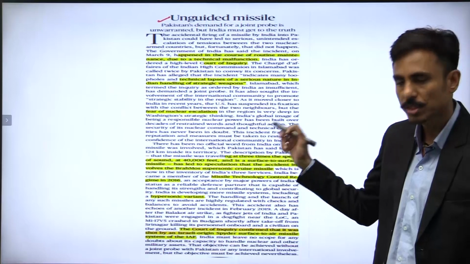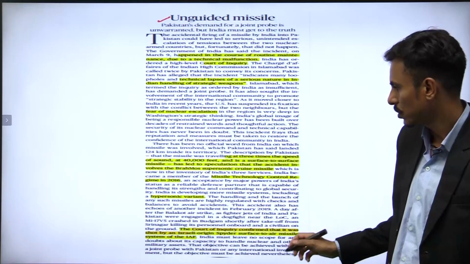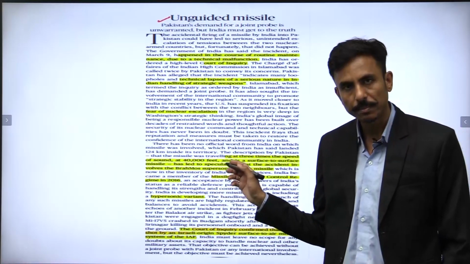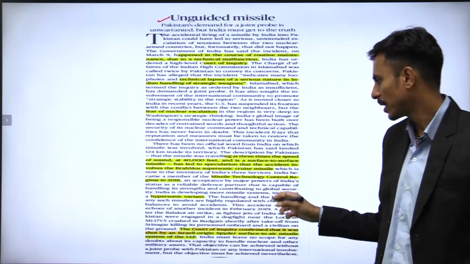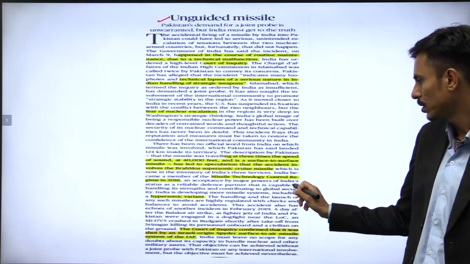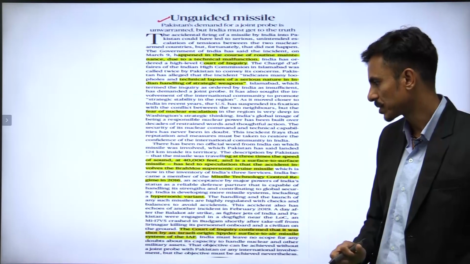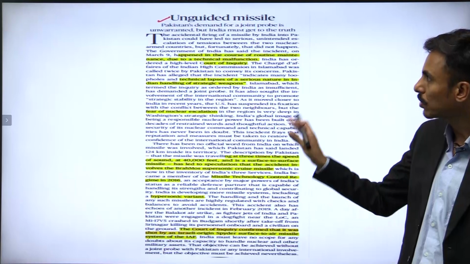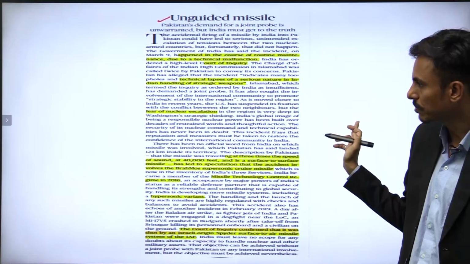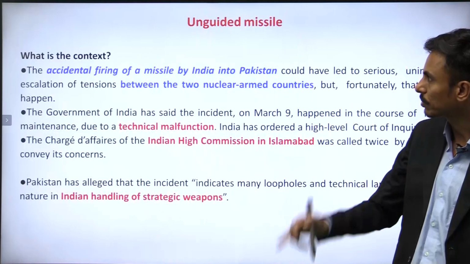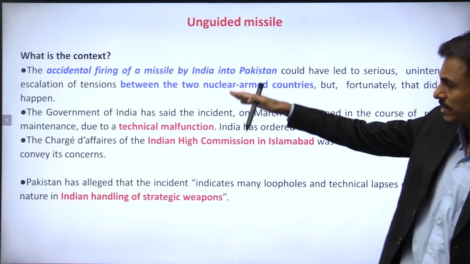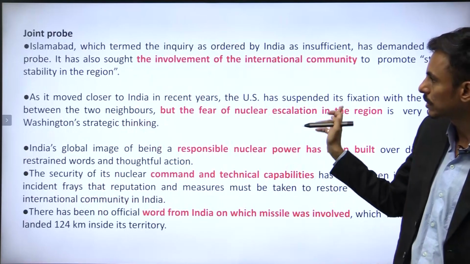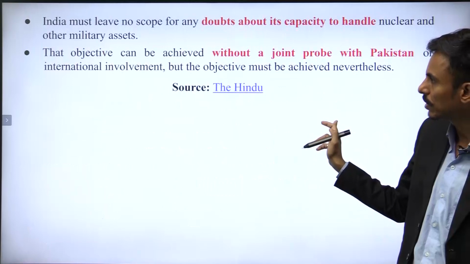And you all know that BrahMos is a supersonic missile. Although India became a member of the Missile Technology Control Regime, MTCR, in the year 2016, this issue is all about the same, and we'll be understanding some important facts about the same, right? So this is the accidental firing and the issue with regard to the same.